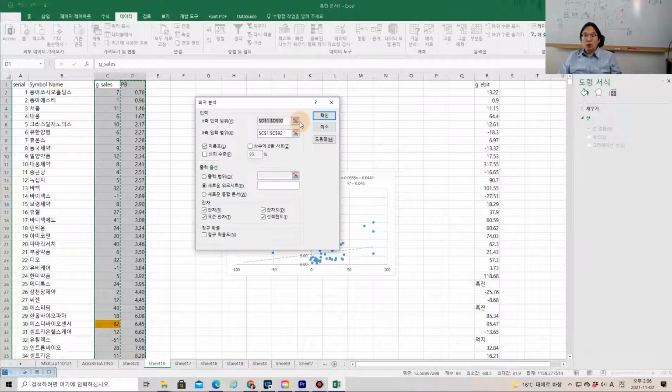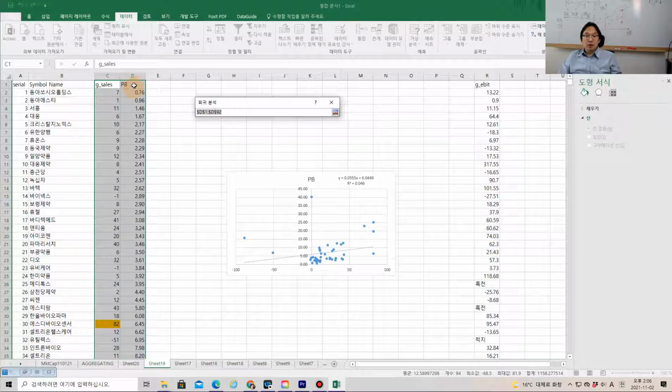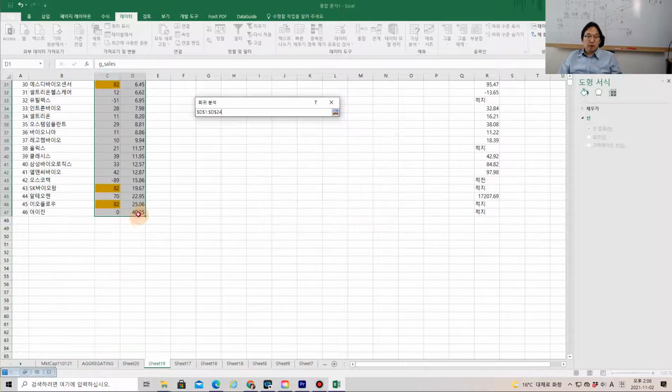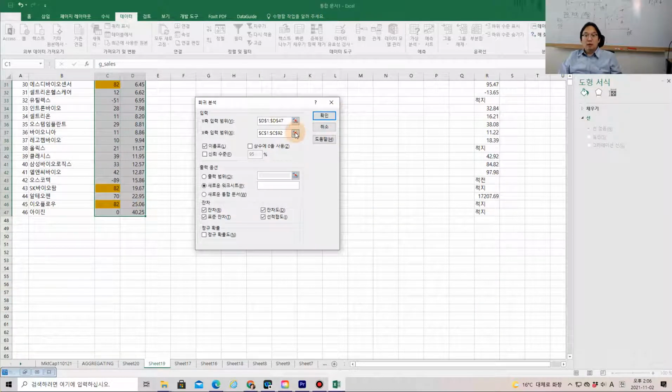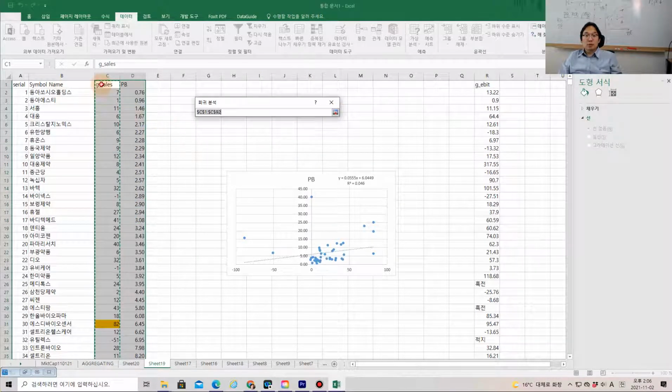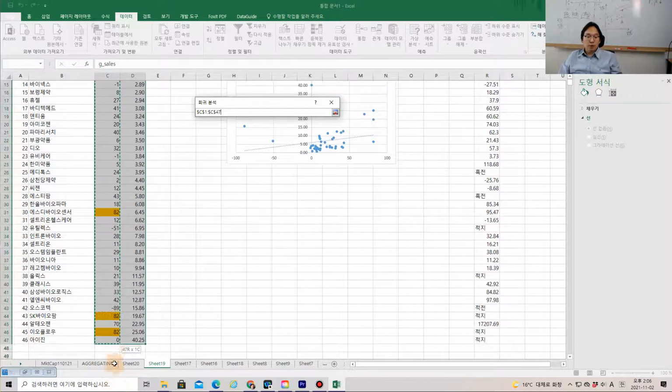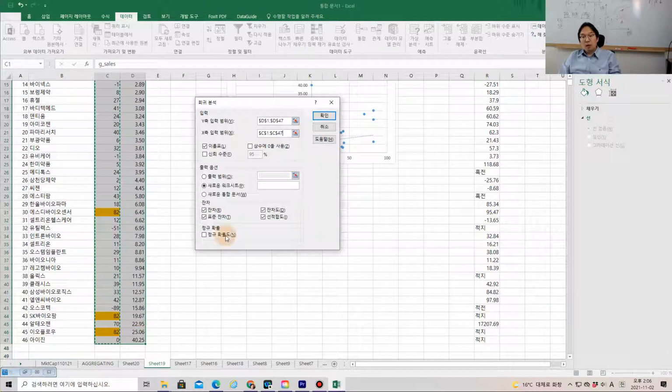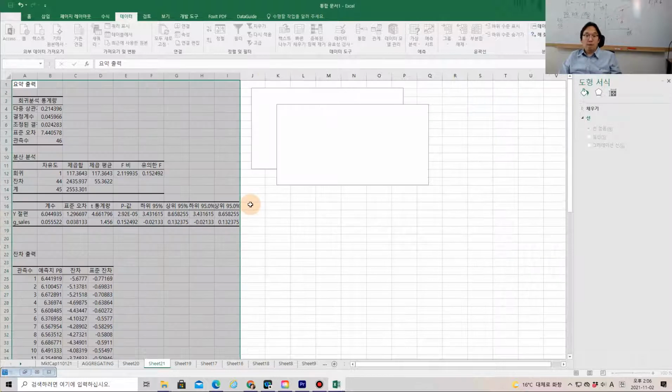No, I should have done this, and then X regression analysis. So this one, yes, and then okay, great.